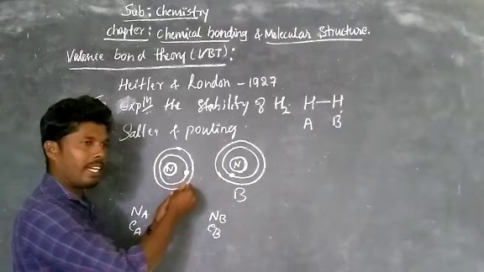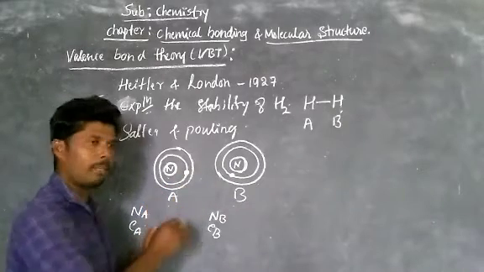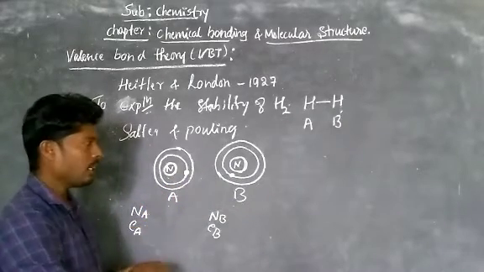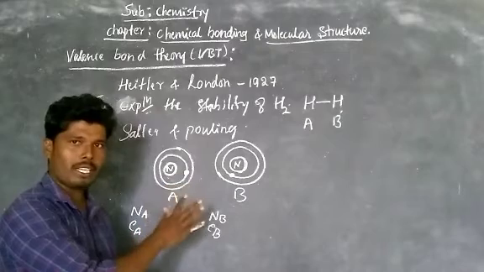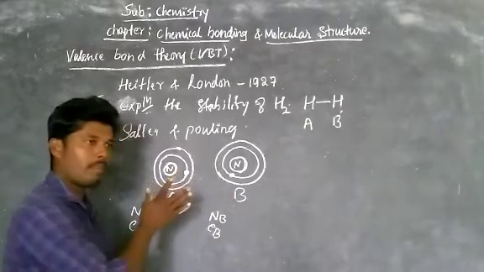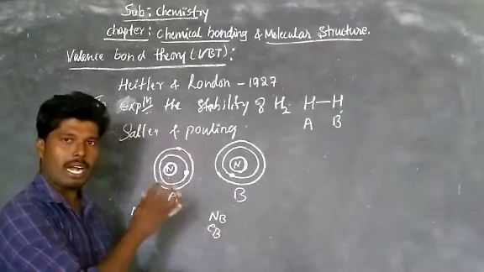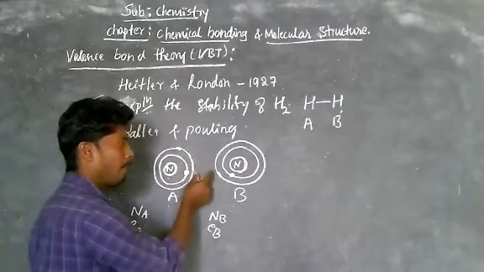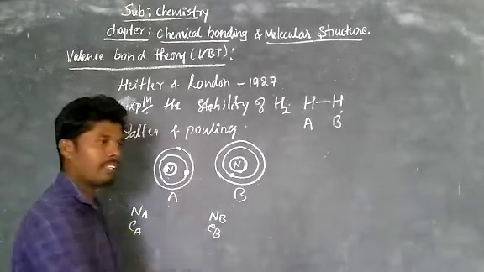If these two are very close to each other, then the covalent bond is formed. Before that, if two atoms are away from one another, the energy of an atom is zero, and there is no attractive or repulsive force between the atoms.